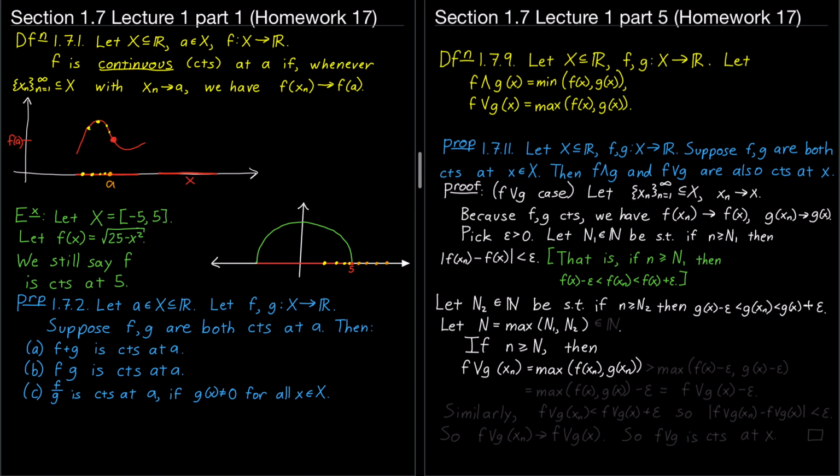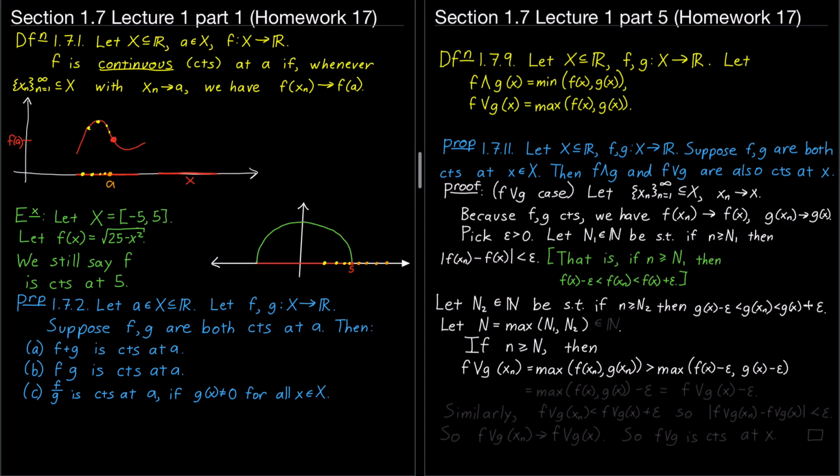And then notice that f of x_n, because n is bigger than big N, which is bigger than N1, f of x_n can't be any smaller than f of x minus epsilon. And g of x_n can't be any smaller than g of x minus epsilon. And then notice we can move a minus epsilon out.